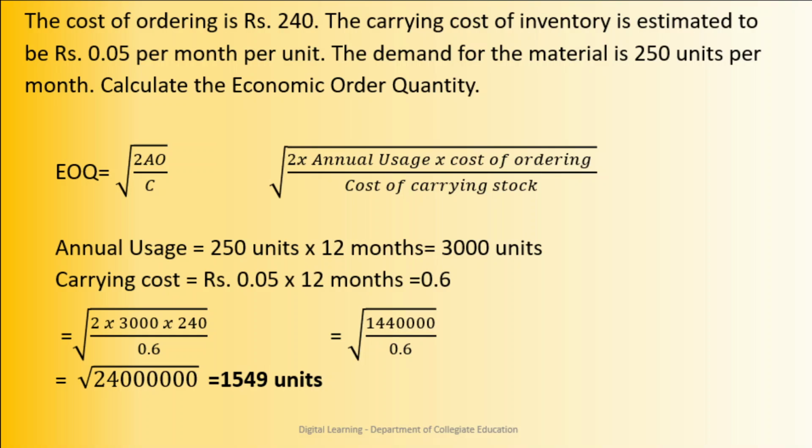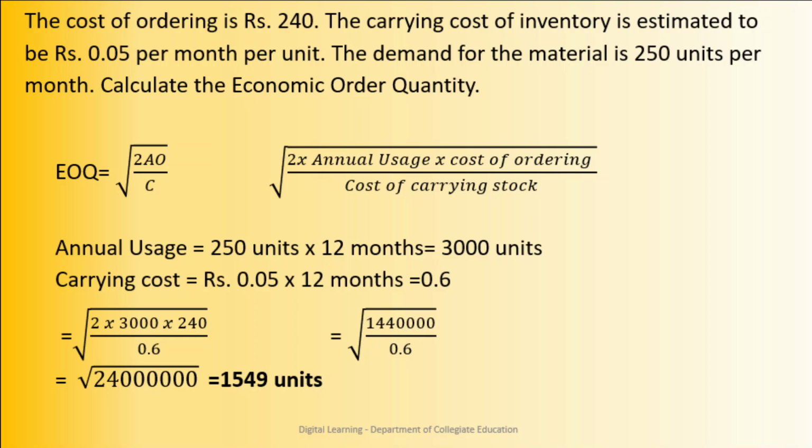Once again, we state the formula first in order to calculate EOQ, which is square root of 2AO divided by C. Now, when you further substitute, it's square root of 2 into annual usage into cost of ordering divided by cost of carrying stock.